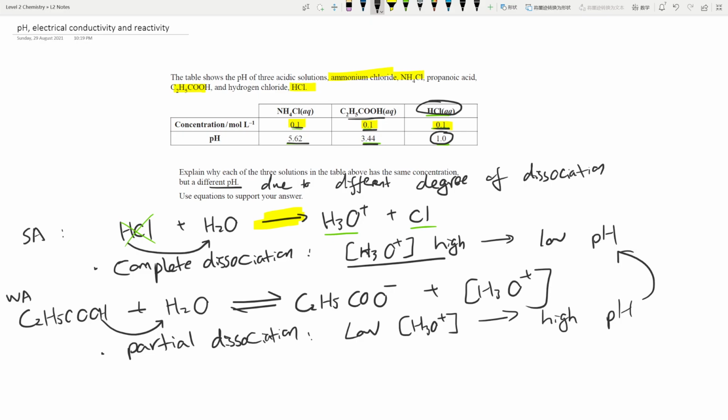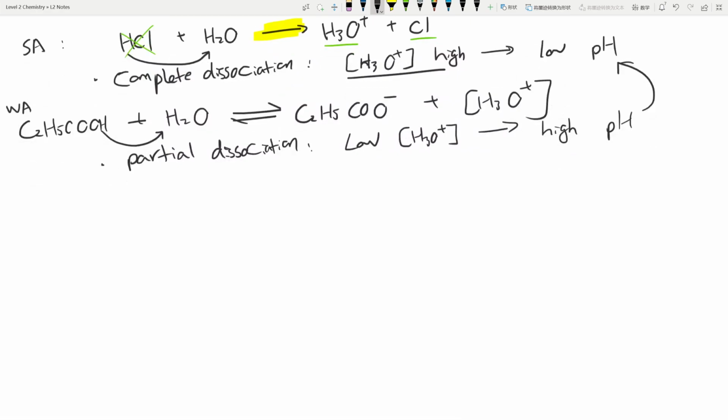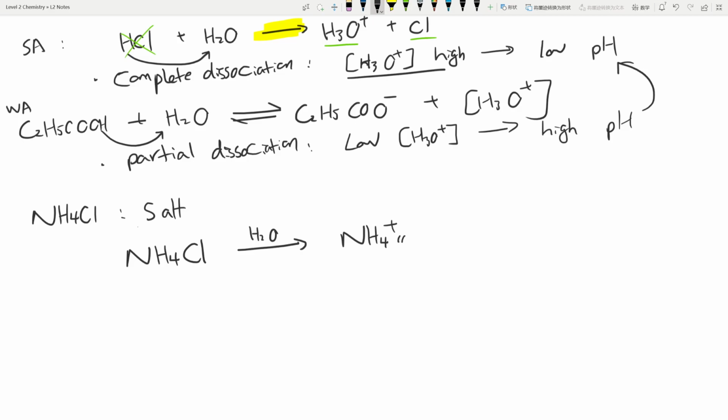Now NH4Cl is probably the hardest one out of the 3. NH4Cl is what we call a salt solution, or just a salt. That means this is 2 steps. You have to first dissolve it in water, so it becomes NH4+ aqueous and Cl- aqueous.